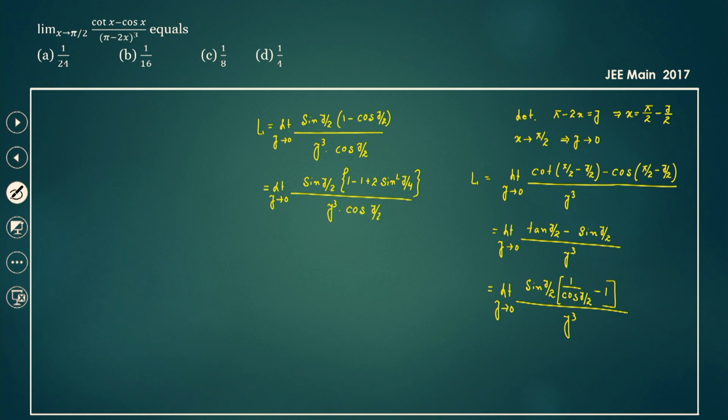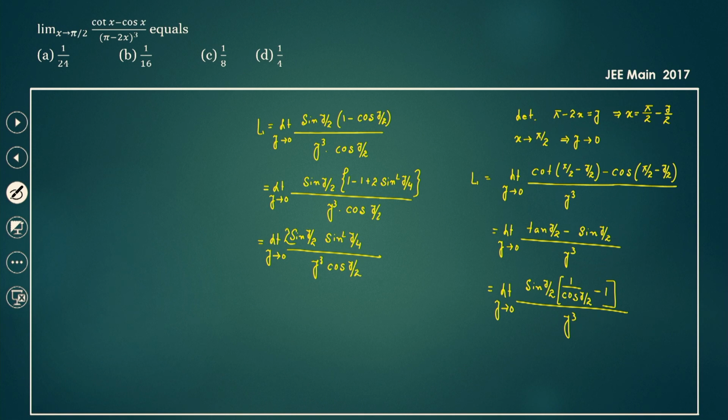So 1 gets cancelled, and this can be written as limit y tends to 0 of sin y by 2, with 2 taken out at the beginning, times sine square y by 4, divided by y cube and cos y by 2.